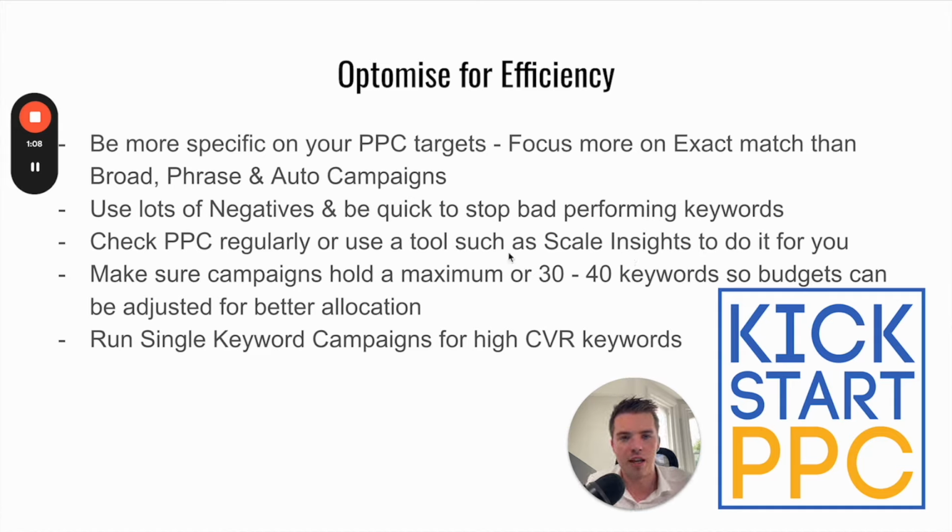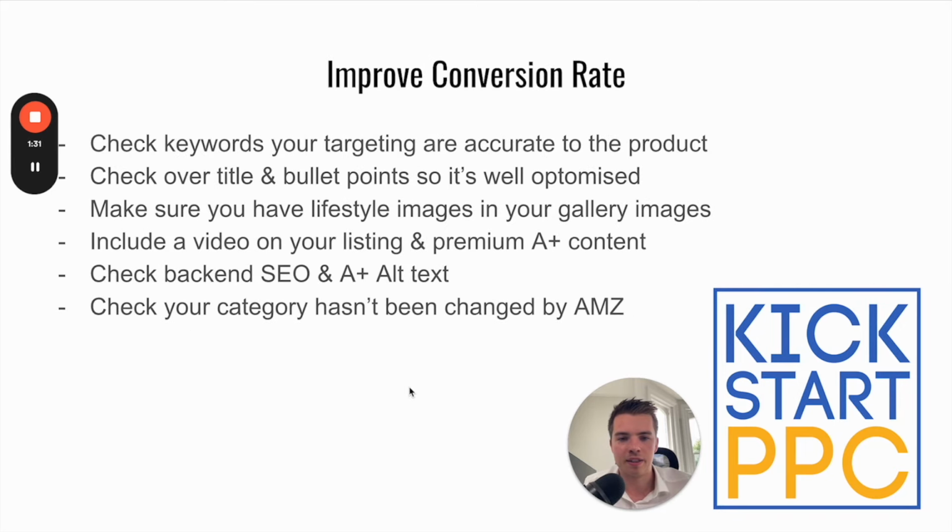Your budget is $10. Amazon may choose to spend that $10 on 5 keywords, and that keyword that does well might not get the spend. It's entirely down to Amazon. So to ensure that that keyword gets the right amount of spend and shows up in search, we recommend you run single keyword campaigns.